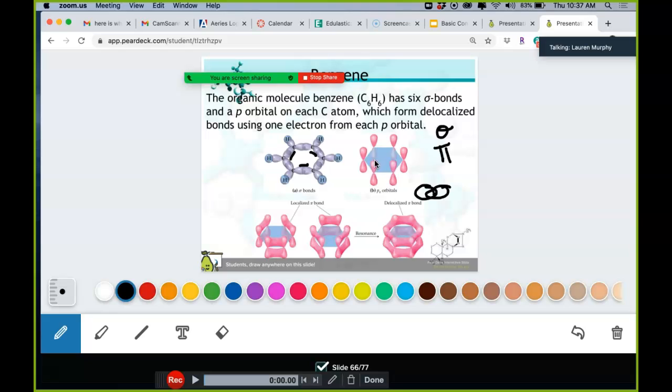So what happens is these electrons are considered delocalized. Let me see if I can draw in here. There's an electron here and an electron here, let's say, and they share in the double bond. And then an electron here, and they share in the double bond. An electron here, and they share in the double bond. Well, really though, they don't belong here and here. They could just as easily be, I'm drawing a different color, here and here, and here and here.